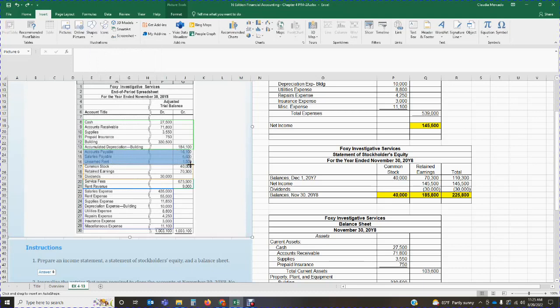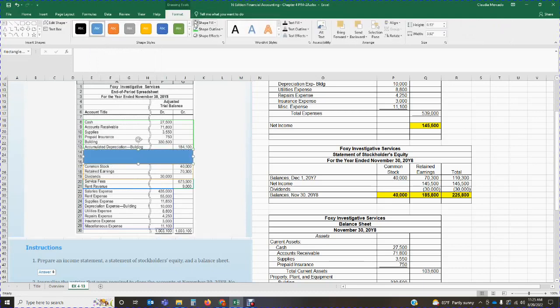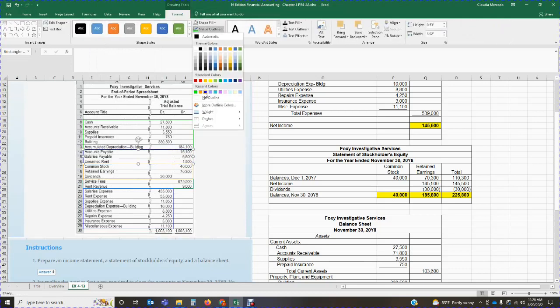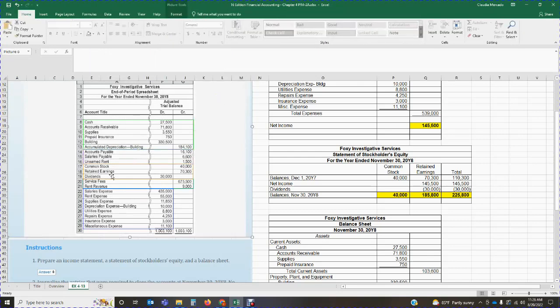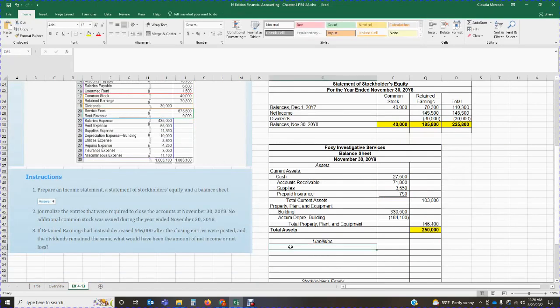So these are my three liabilities. We have accounts payable, salaries payable, and unearned rent. Unearned rent is a liability because we have not provided the service, so we have not earned the money. So it's a liability. We owe a service to our customers. Okay. So let's bring those three liabilities in.